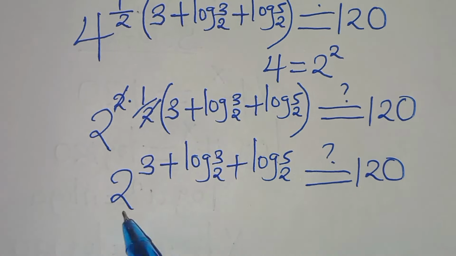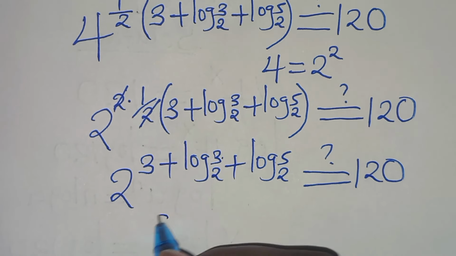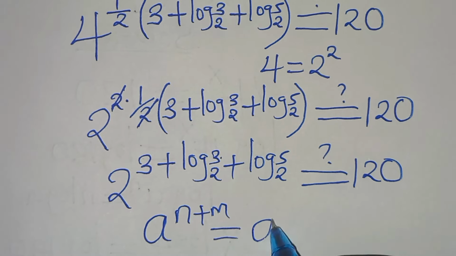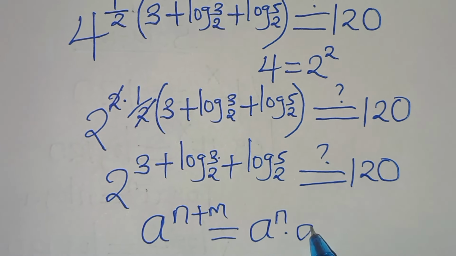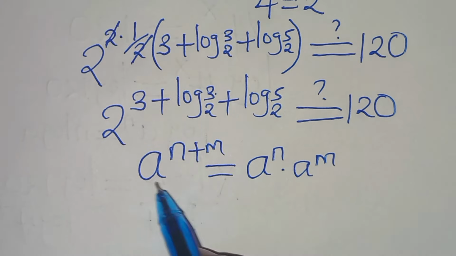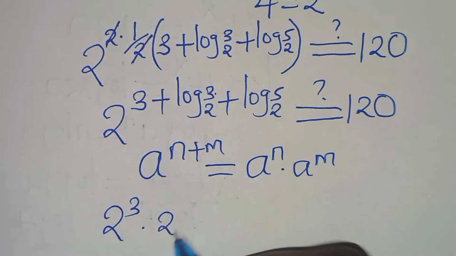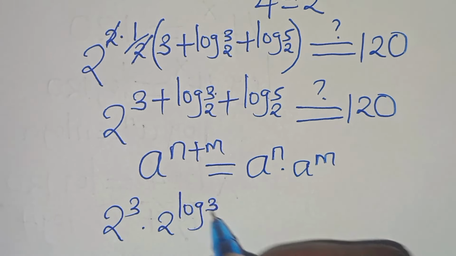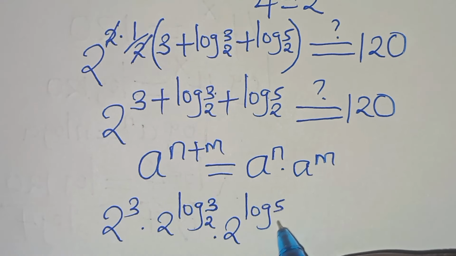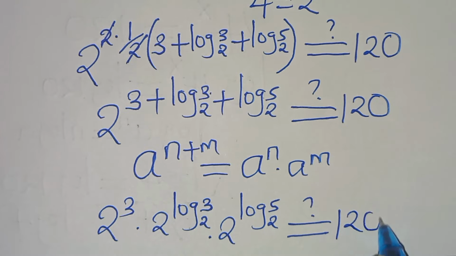The next step is that 2 to the power of 3 plus log 3 to base 2 plus log 5 to base 2 is in the form of a to the power of n plus m, which can be expressed as a to the power of n times a to the power of m. Now, applying this exponent property, here we have 2 to the power of 3 times 2 to the power of log 3 to base 2, multiplied by 2 to the power of log 5 to base 2. This is supposed to give us a value of 120.